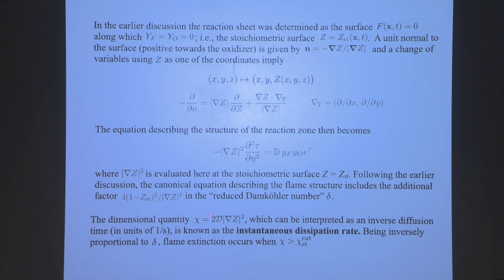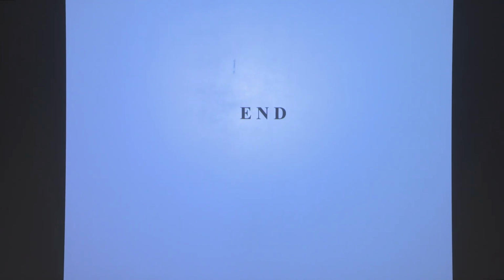Anyway, the idea is that you can compute this, and since we know that when the Damköhler number decreases below a critical value you have extinction, then you can argue that extinction occurs because this appears in the denominator, so if the dissipation rate is above some value, you have extinction. It's an equivalent description, nothing qualitatively different. That's the end of this story.